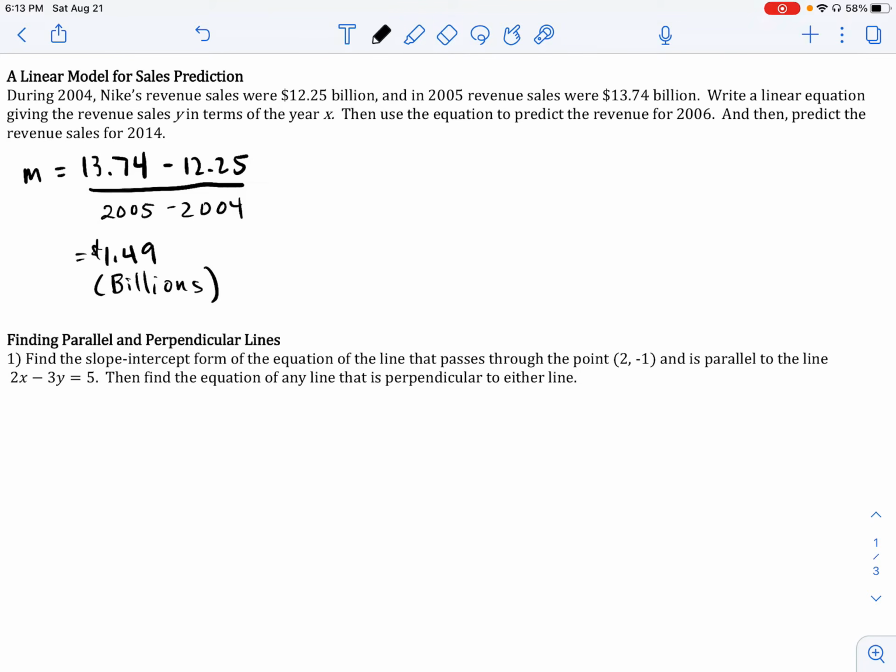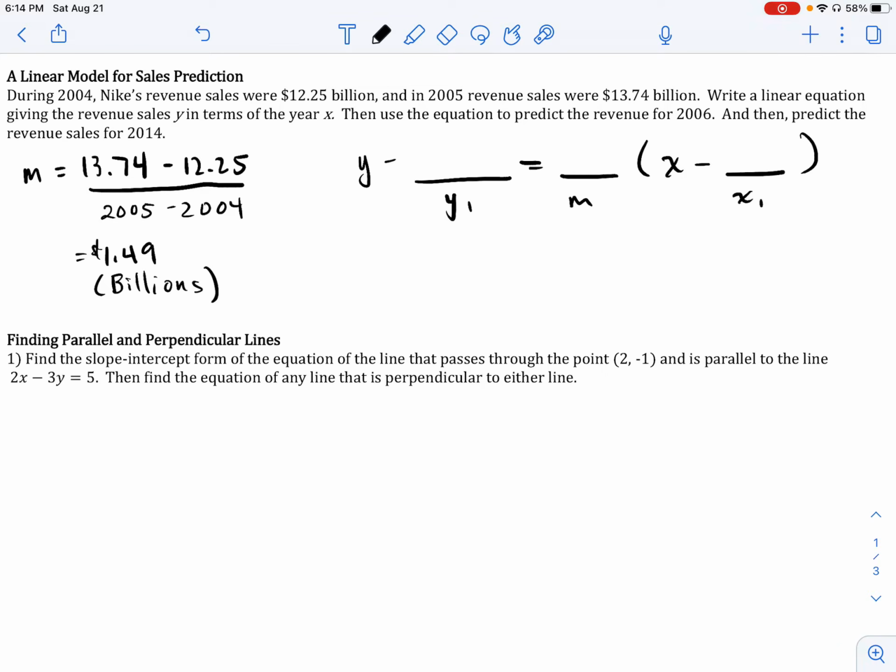So let's come up with a linear equation to represent the revenue sales in any given year. So we're going to use the point slope form here. So we're going to say y minus y1 is equal to our rate of change, our slope, times x minus x1.